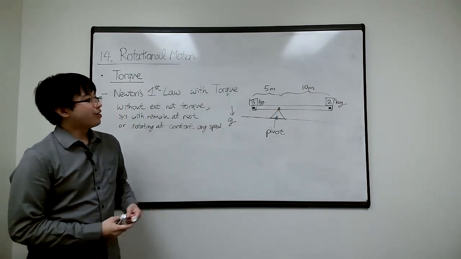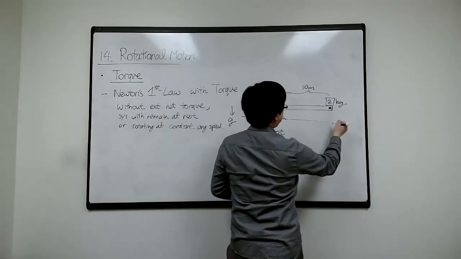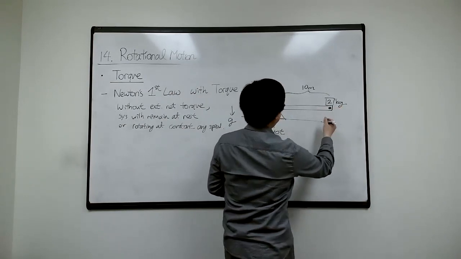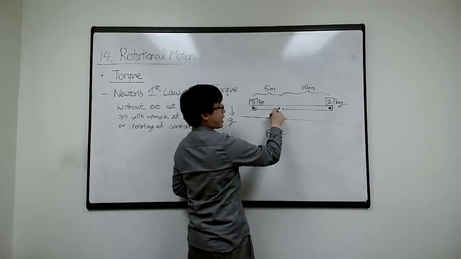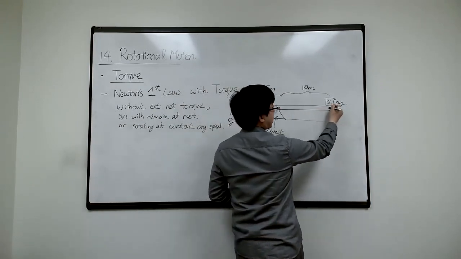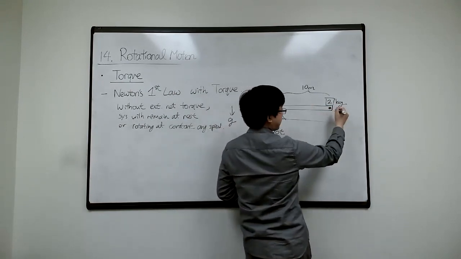Let's draw the free body diagram on this plank first, but this time we're not going to draw everything from the center of mass of the plank, nor the rotational axis. We're going to draw where the plank is experiencing the force.